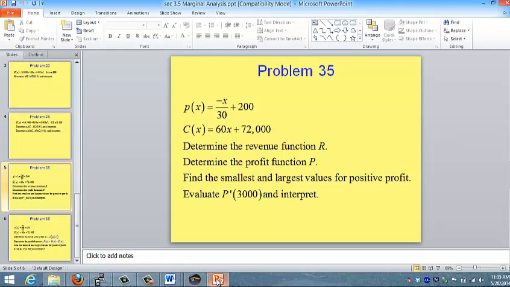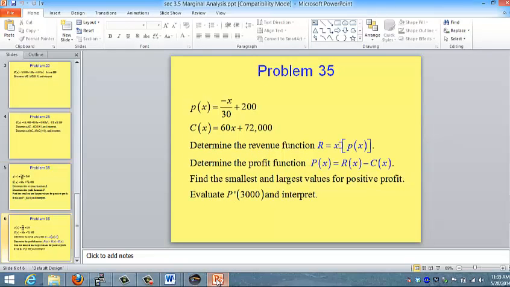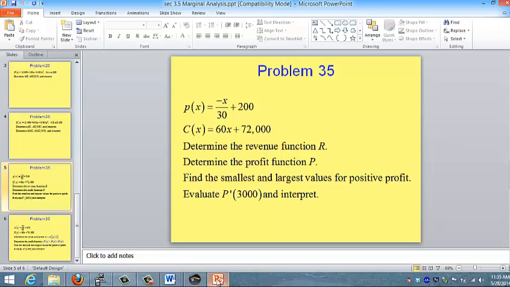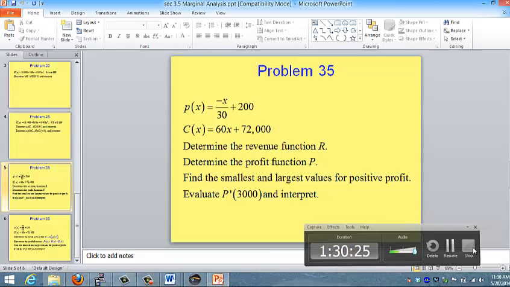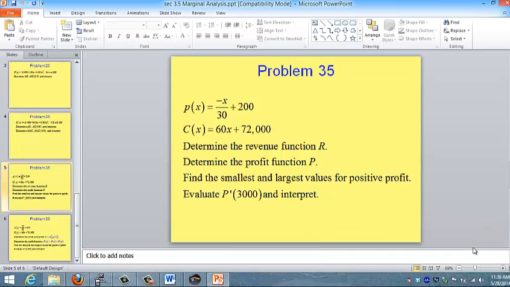Last one. Problem 35, and there's a lot to it. And I have to decide here, how much do I get away with? So, you're going to want to turn to page 230 in a second because it's talking about this Kraft company price demand function, cost function.